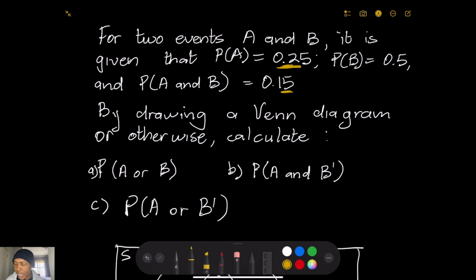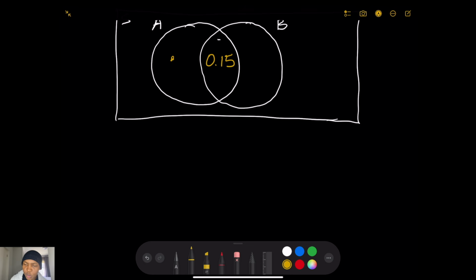I hope I'm making sense. So remember that A and B also contains A. Let me put it to you this way.